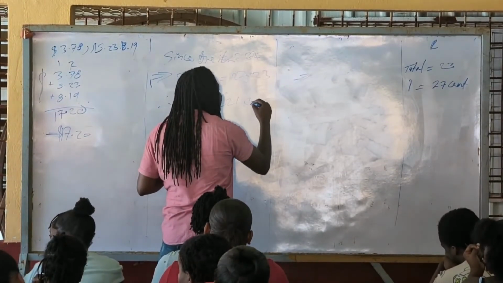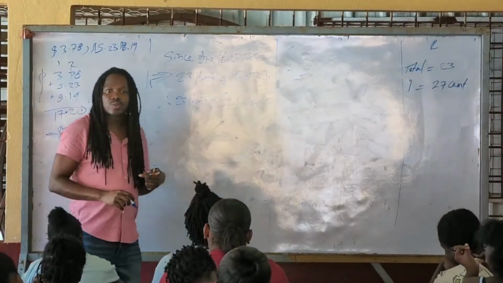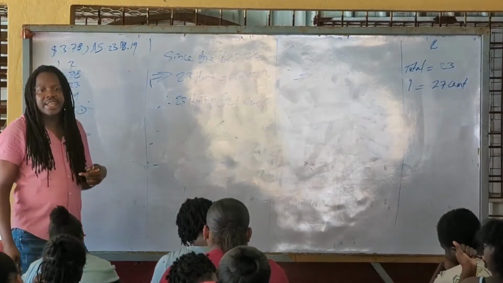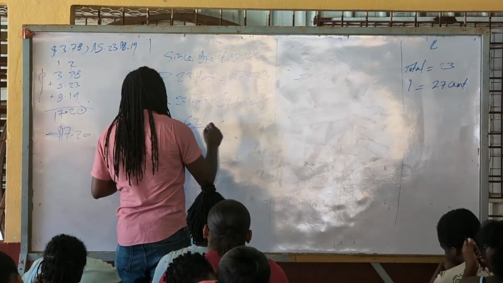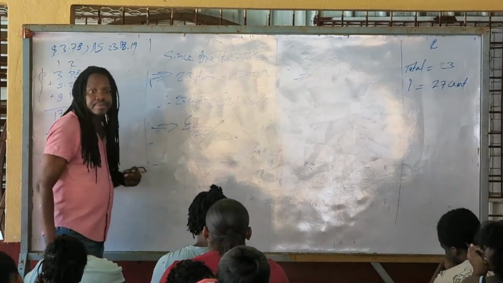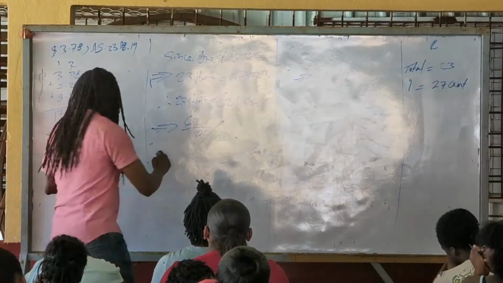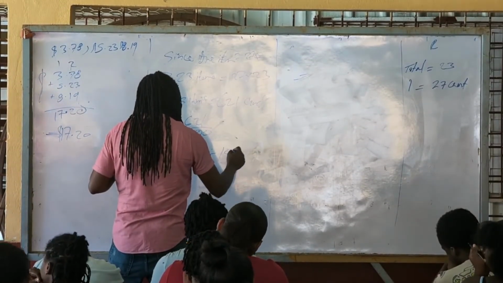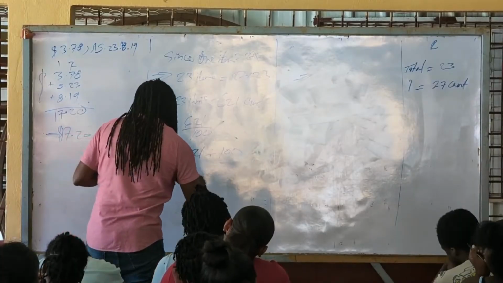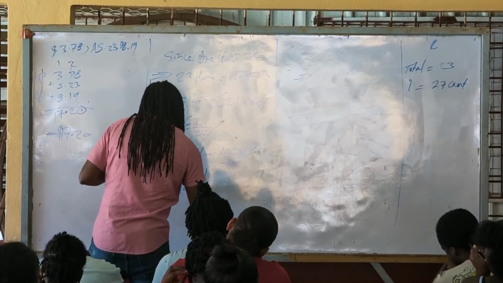621 cents. How many cents make a dollar? So this implies 621 over 100. You see that? This implies 621 divided by 100. This implies $6.21.